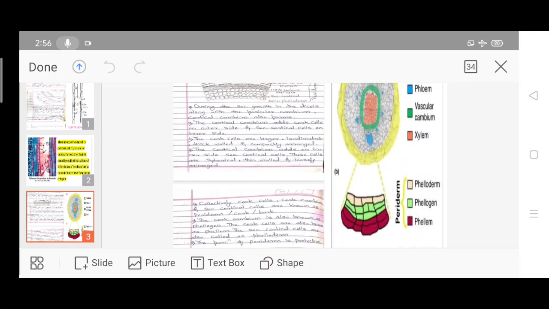At the inner side is the phelloderm, in between there is the phellogen, and at the outer side there is the phellem. Phellem is nothing but the cork cells, phellogen is the cork cambium, and phelloderm is the secondary cortical cells. In this way these layers develop in plants, and collectively they form the bark or cork or periderm layer.